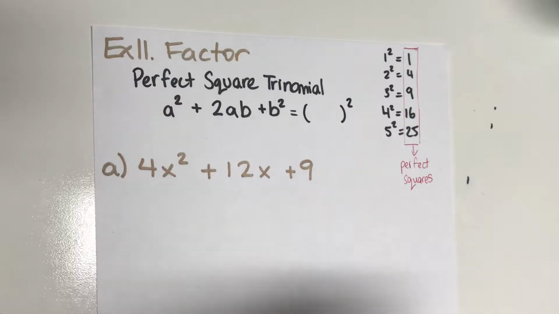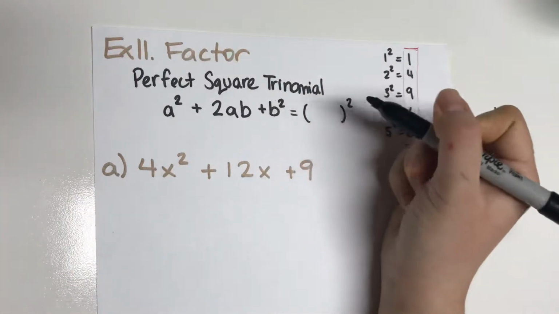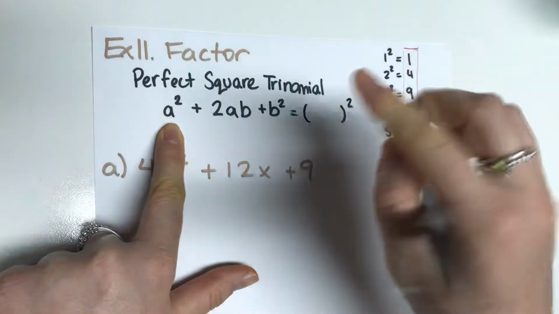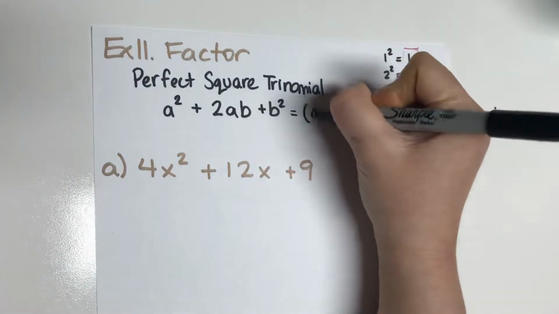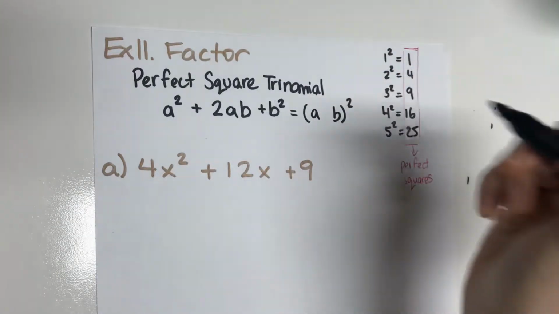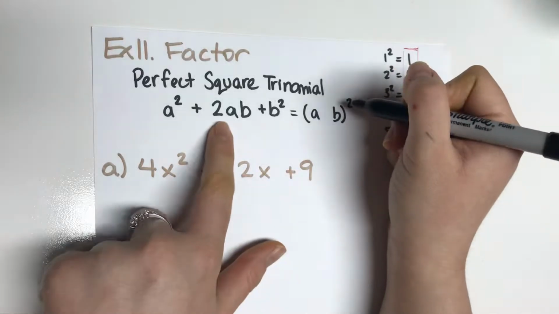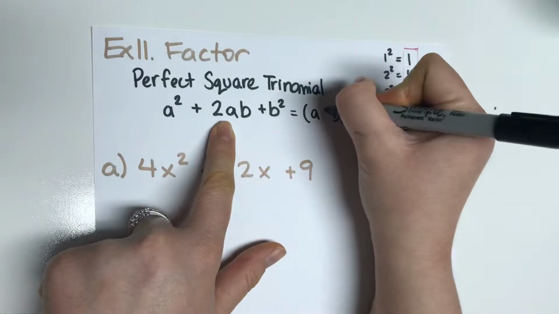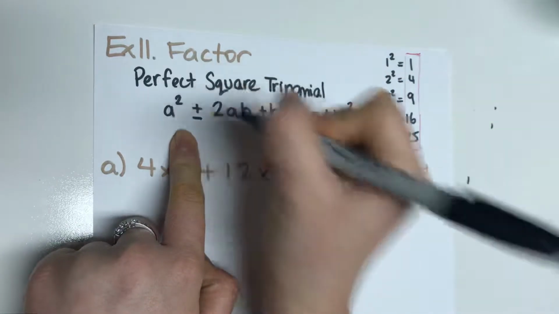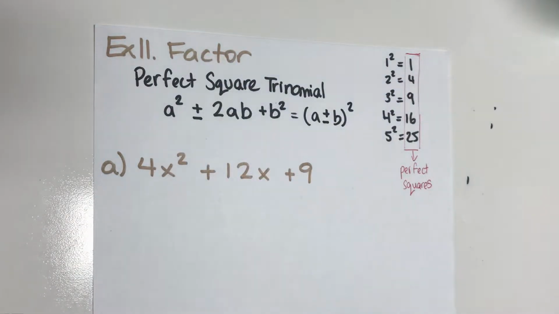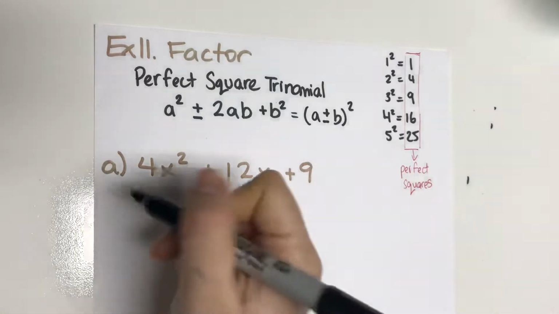And the numbers that go inside is the bases of a squared and b squared. And the operation between them will depend on the sign here. So it'll either be addition or subtraction, depending on whether this is positive or negative.